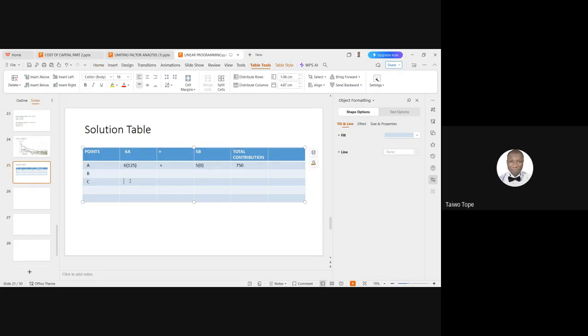So the total contribution at point C will be 6 multiplied by 0, then 5 multiplied by 144. So what will you have here? 720.